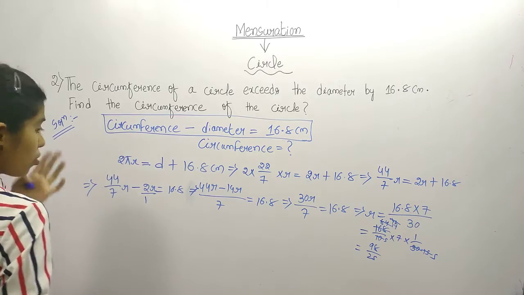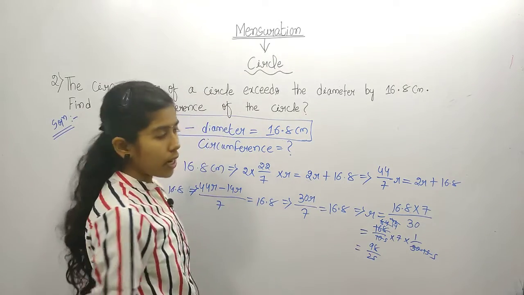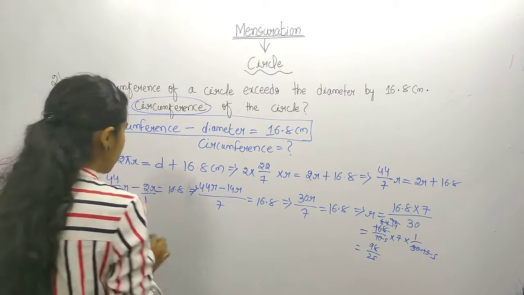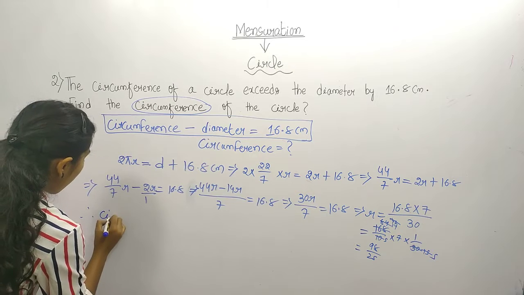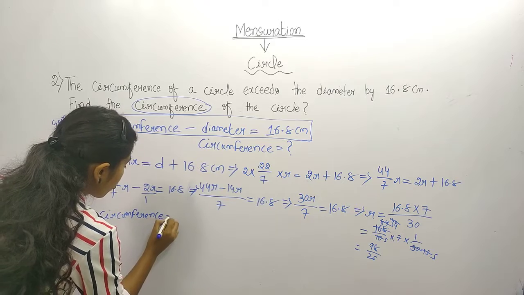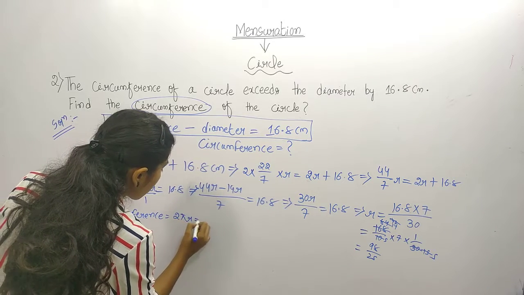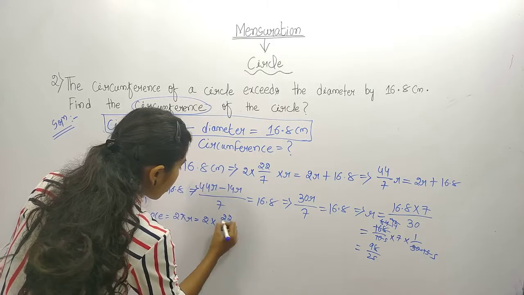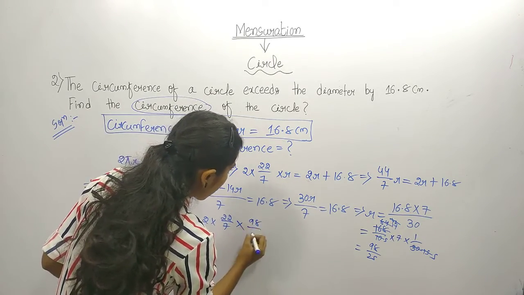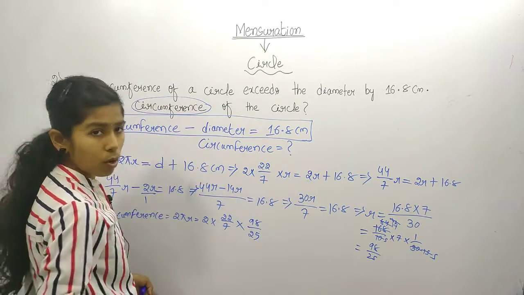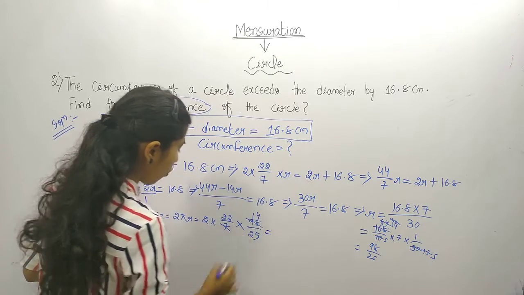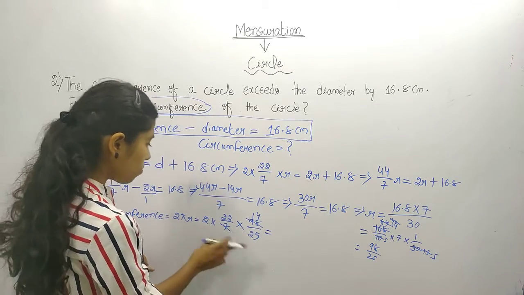Now, your radius is 98 divided by 25, but in the question it's given to find the circumference, right? So what is the formula for circumference? 2 pi r. Circumference equals 2 pi r equals 2 into pi is 22 divided by 7, into r is your 98 divided by 25. Okay, now you see what will happen. 7 1 7, 7 4 28, again nothing will go.